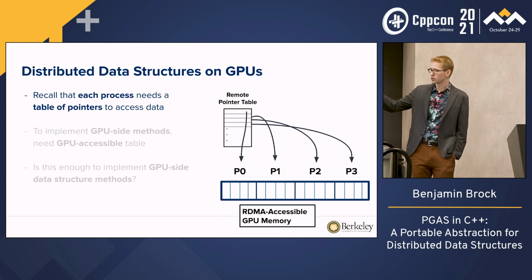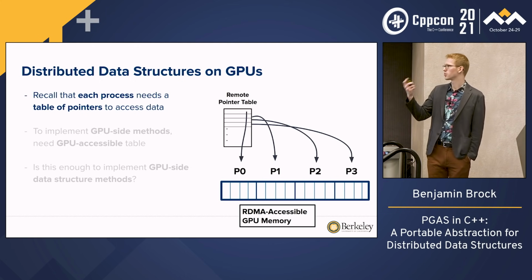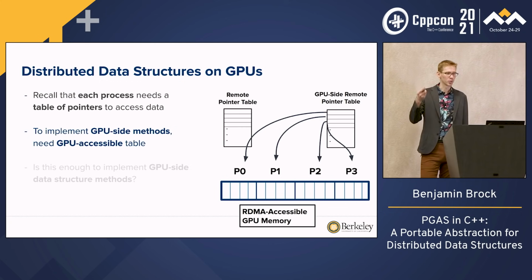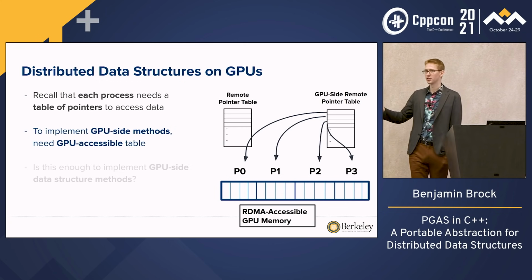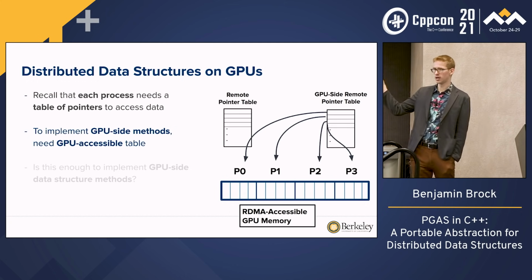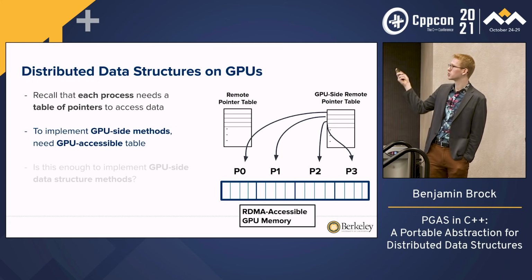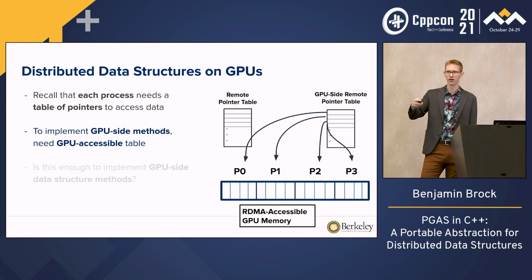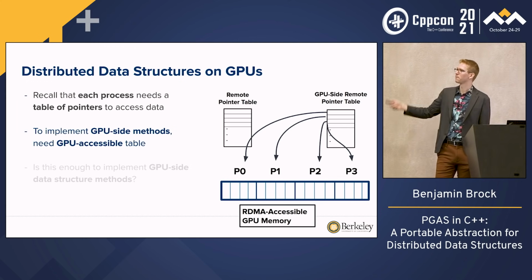So instead of being associated just with process 0's CPU, now it's associated with process 0's GPU. Also, if we want to implement GPU side methods, we're also going to need a copy of this pointer table that lives on the GPU side, so that when we're inside a CUDA kernel and we're calling a method, we know what these pointers are.